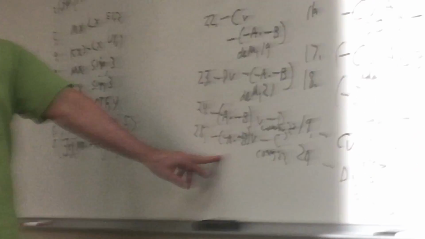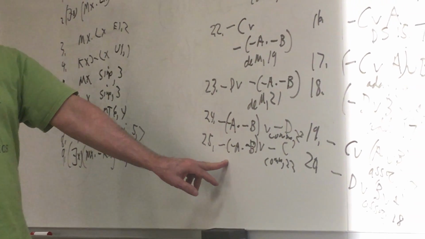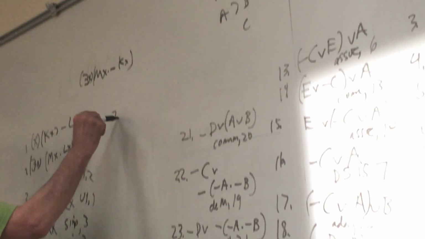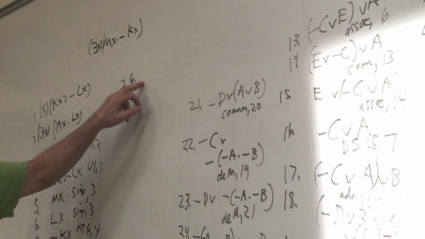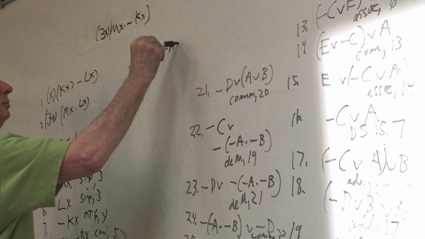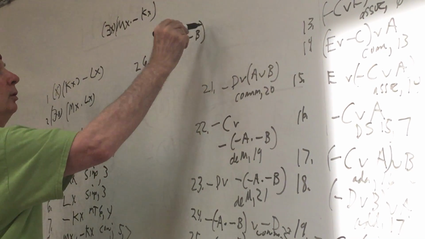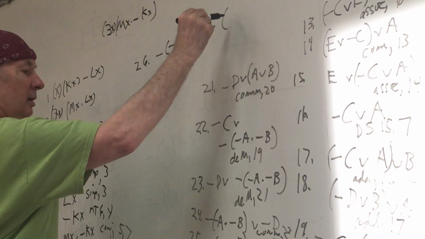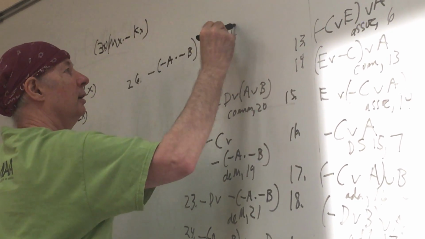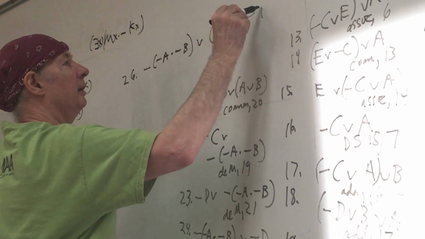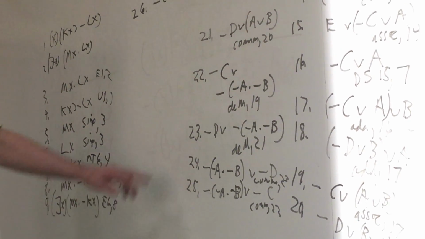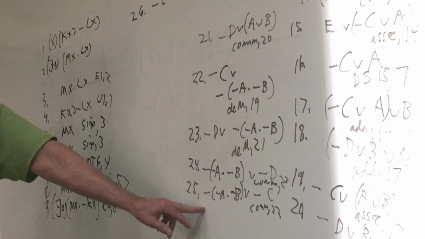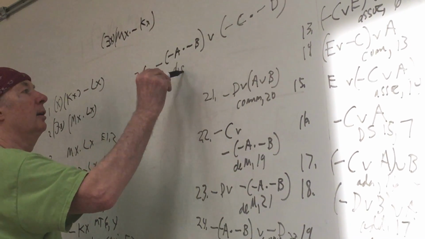And now, we're almost finished. We just do a distribution using this. Not C, and not D. So I distributed 24 and 25.